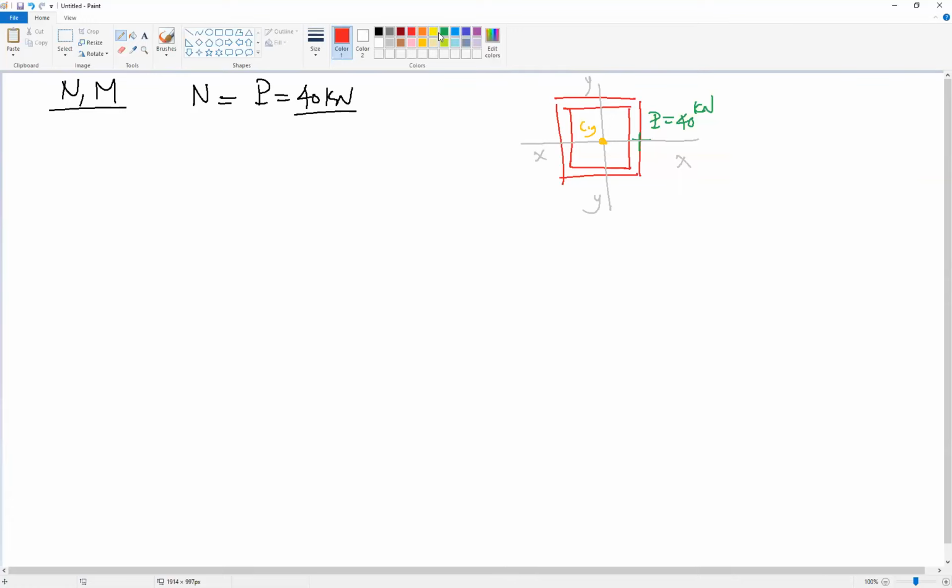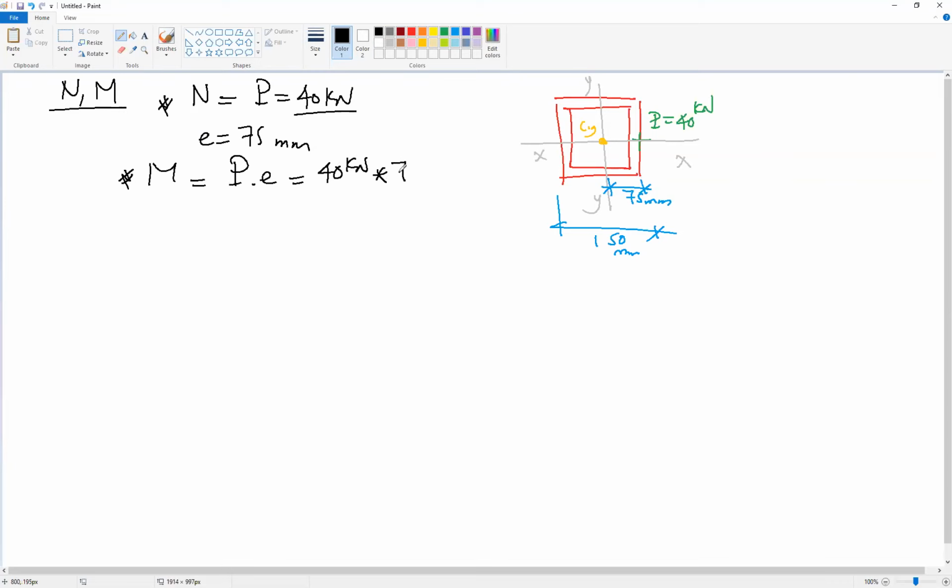So the distance from the load to the CG is this distance. If the whole width is 150 millimeter, this means it will be 75 millimeter. So given E equal to 75 millimeter, the additional moment we need to add is P times E, which is 40 kilonewton multiplied by 75 millimeter, giving us 3000 kilonewton millimeter. In kilonewton meter it will be 3 kilonewton meter.